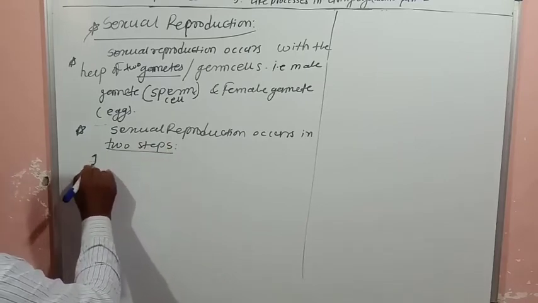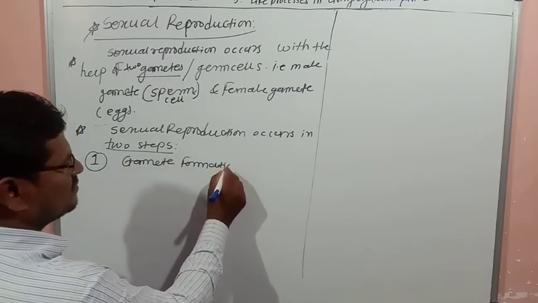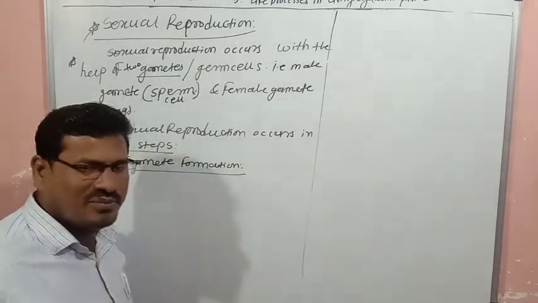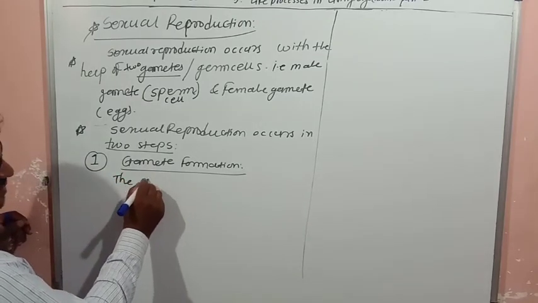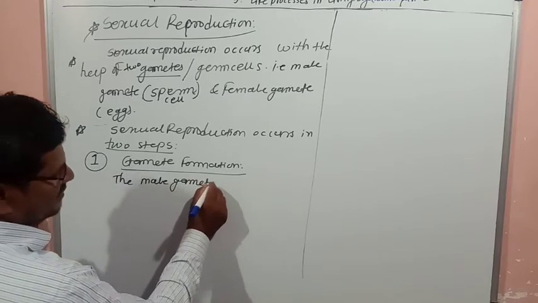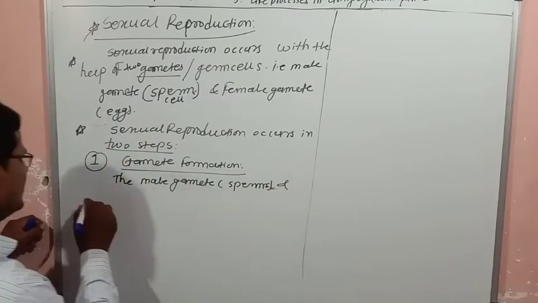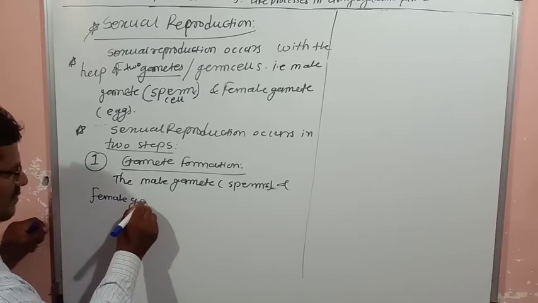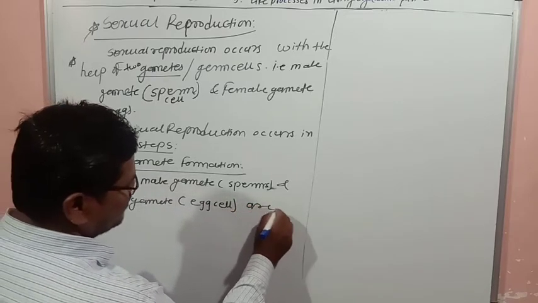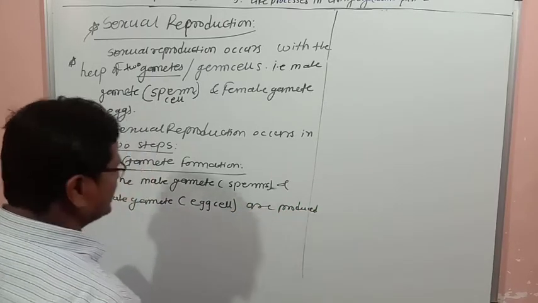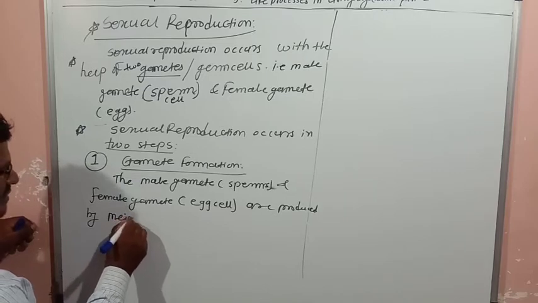First step is gamete formation, and second step is fertilization. In gamete formation, the male gamete, that is sperms, and the female gamete, that is egg cells, are produced by meiosis.